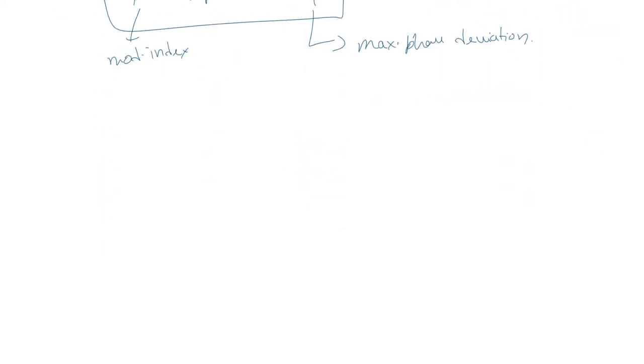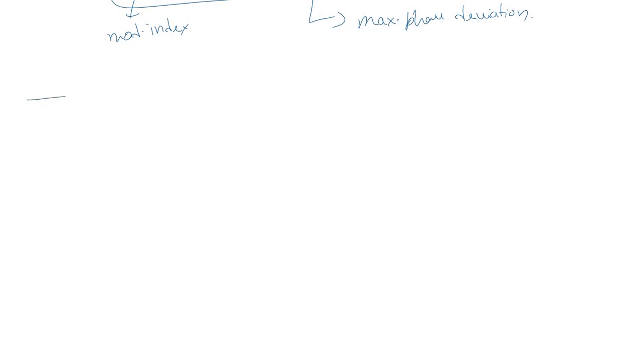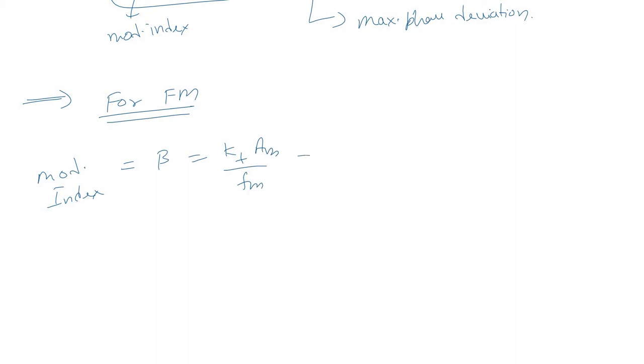Now you can compare one thing with frequency modulation. For FM, the modulation index beta is equal to Kf into Am by fm, that is equal to delta f by fm. It is dependent on the message signal frequency as well.